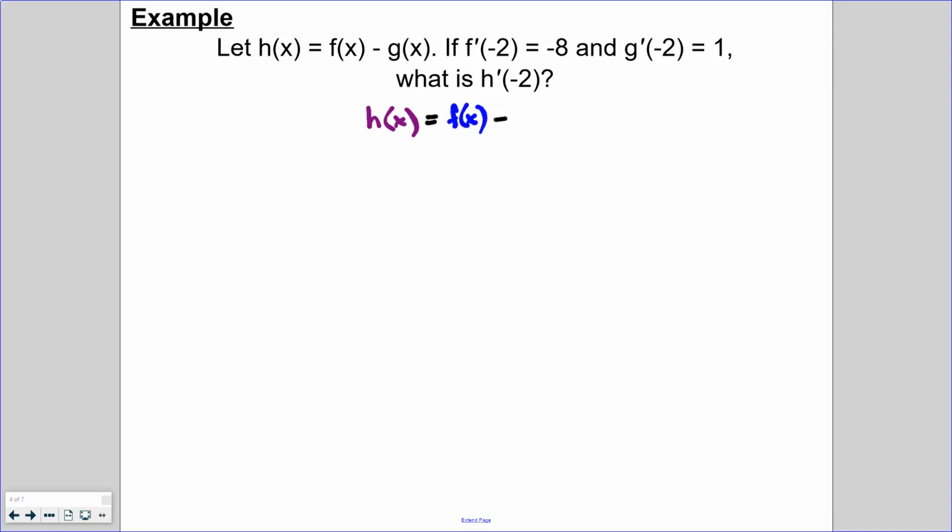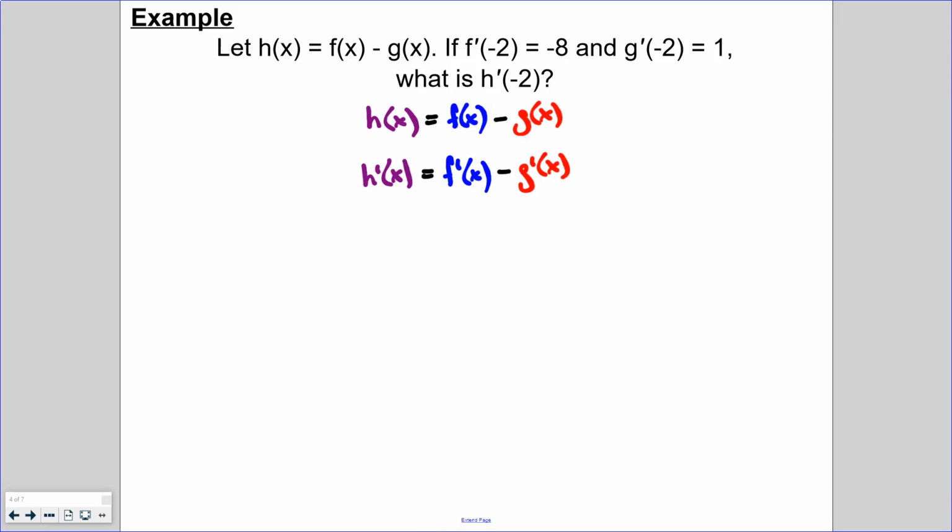And I talk faster than I can write. All right, then we'll come in and we'll take the derivative. And as our derivative rule for the difference of two functions, we know we can just take the derivative of each piece individually, leaving us with f prime of x minus g prime of x, which is great if we were being asked to find the general derivative, but we're not.